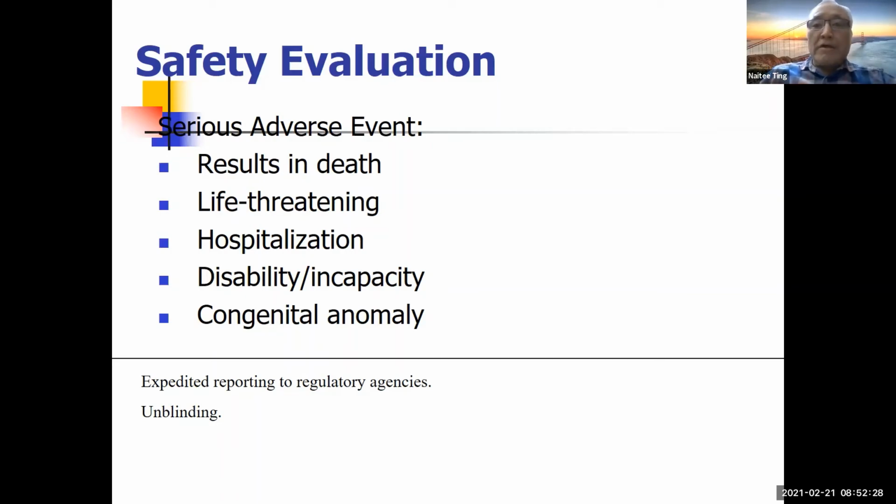And then start date and stop date. When did the AE start? When did it stop? In clinical data management, I think the biggest challenge is that by the time you complete the study, you can find many AE case report forms with a missing AE stop date.